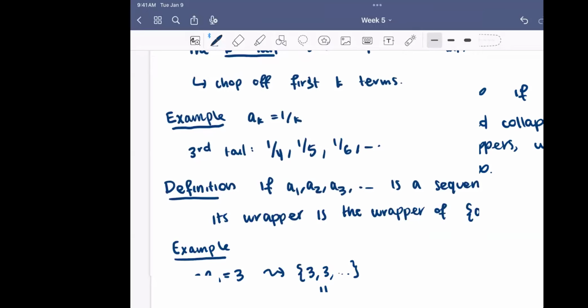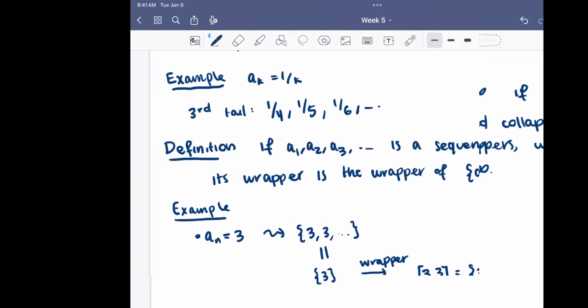Let's do the 1 over n example. If a sub n is 1 over n, our set now contains 1, 1/2, 1/3, and so on. What is the wrapper of that set?